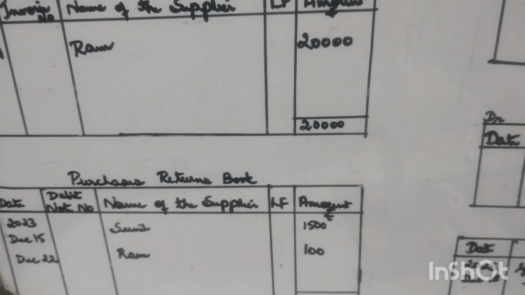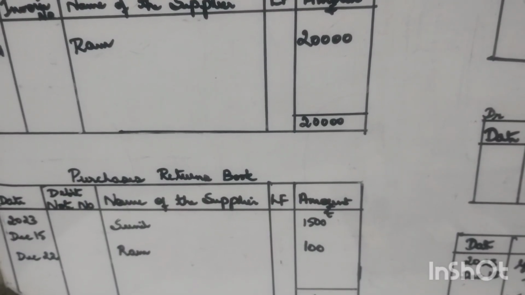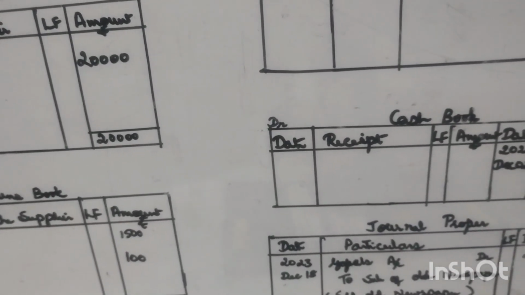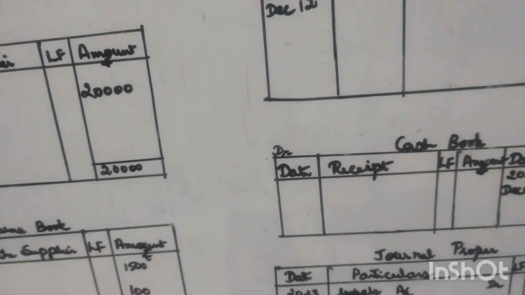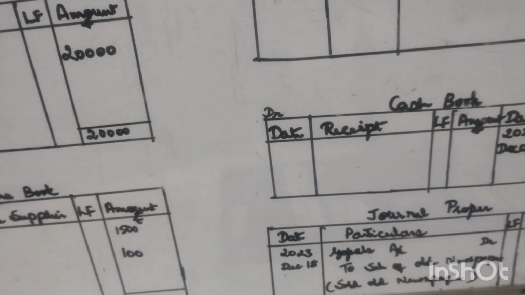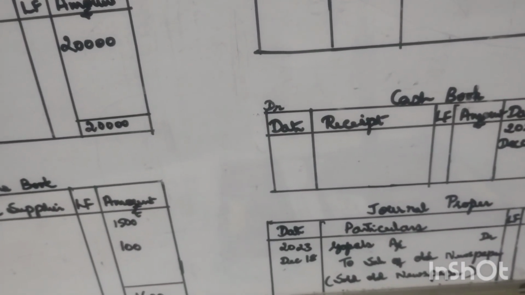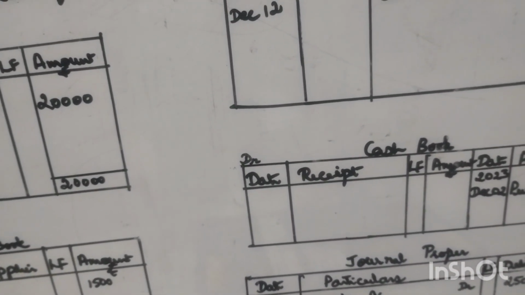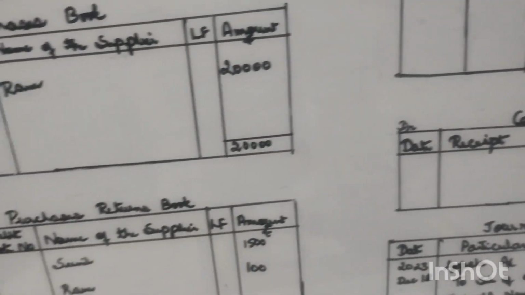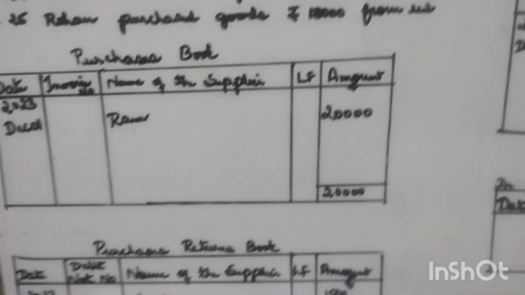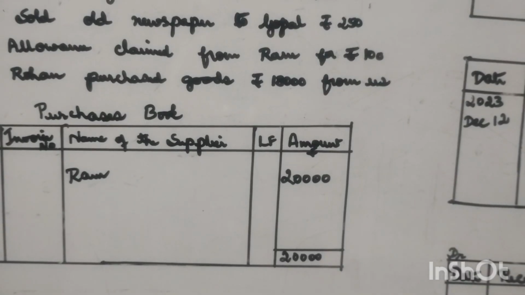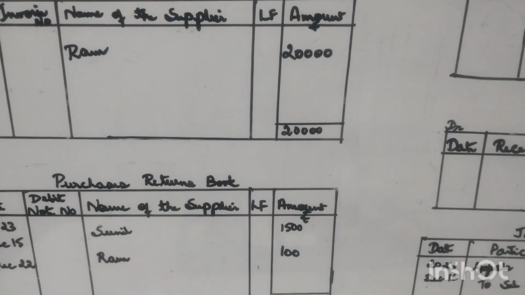December 18, sold old newspaper to Gopal. So old newspaper that has been sold has to be recorded in journal proper by way of journalizing this transaction as Gopal's account debit to sale of old newspaper, worth rupees 250 under both sides. Next, allowance claimed from Ram, so it must be recorded in purchase returns book.